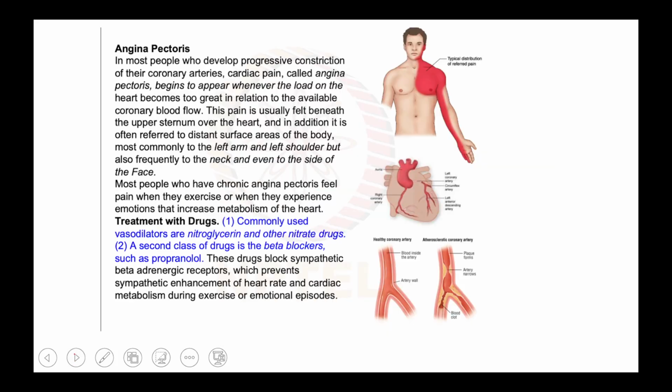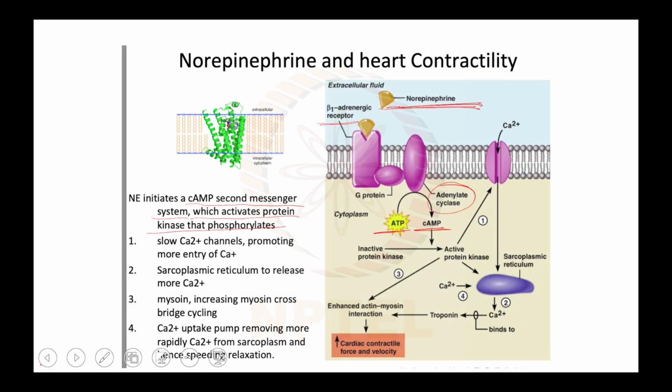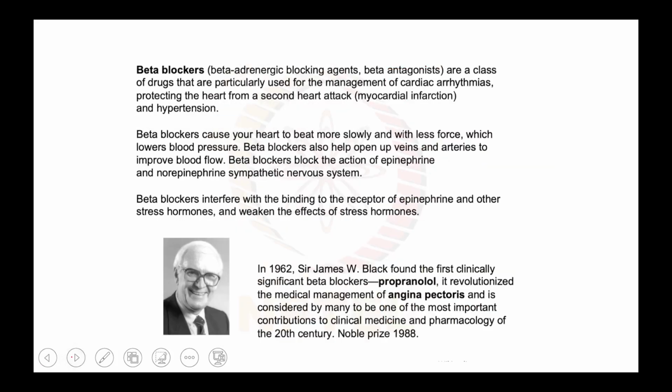So these beta 1 adrenergic receptors are targeted by beta blockers. Beta blockers are beta adrenergic blocking agents, which are beta antagonists, and are a class of drug particularly used for the management of cardiac arrhythmias, protecting the heart from a second heart attack, and hypertension.